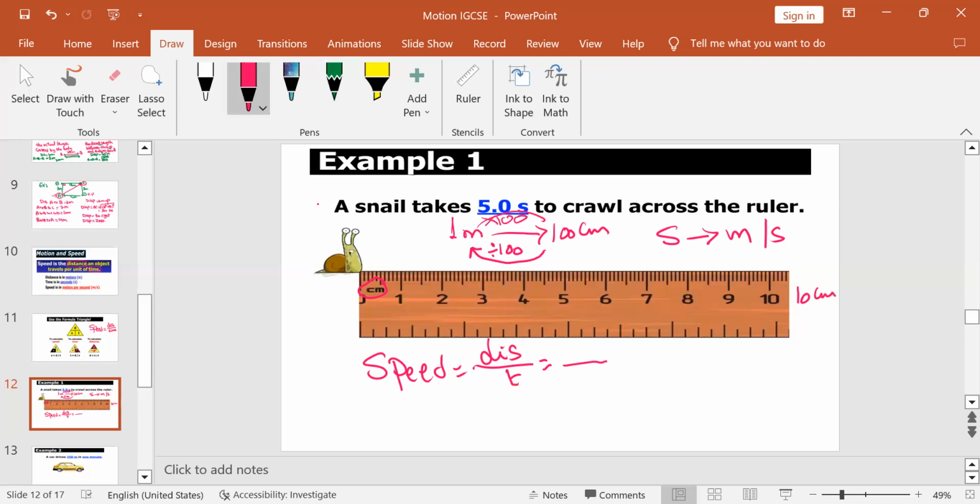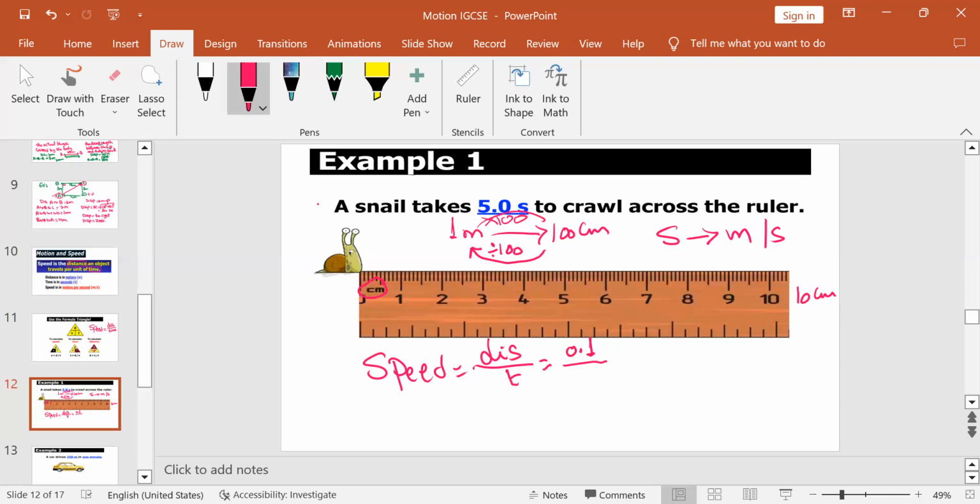Convert it to meters: divide it by 100. Do you have a calculator? 10 divided by 100 is 0.1, right?